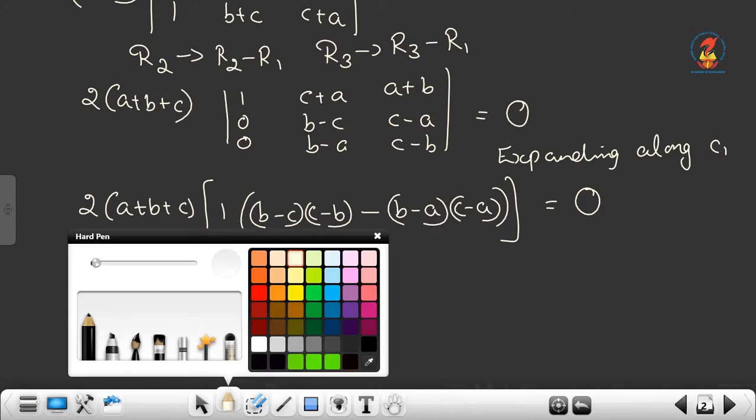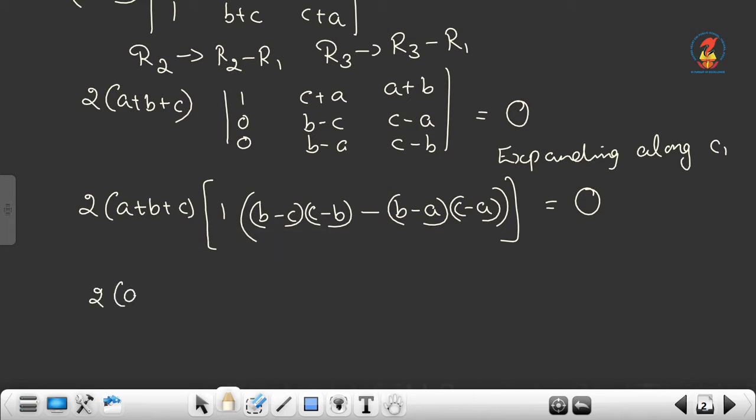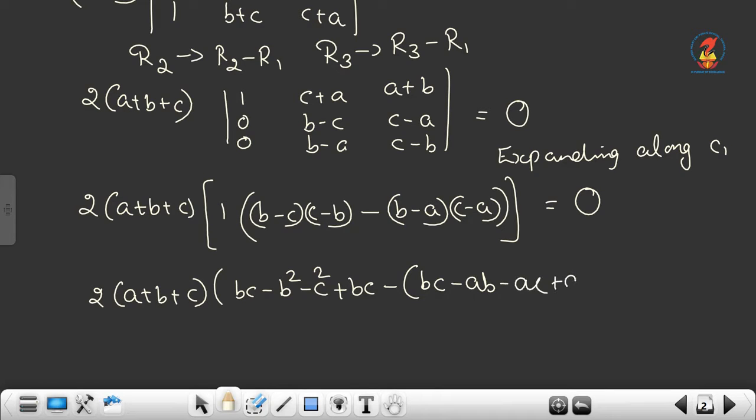Now, open the bracket. Multiply 2 into (A plus B plus C). When we open it, minus B square minus BC minus B square minus C square plus BC minus of BC minus AB minus AC plus A square equals 0.